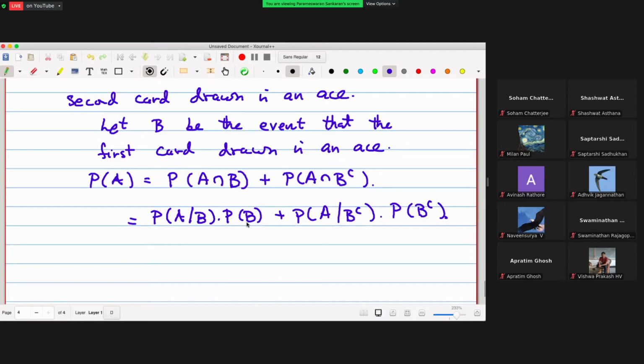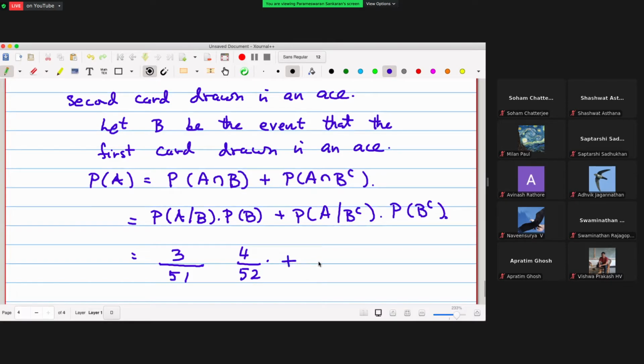So what is the probability that the first card drawn is an ace? There are 4 aces, so 4 by 52. Given that the first card drawn is an ace, there are only 3 aces left, so the favorable events consist of 3 elementary events, and there are only 51 cards now because one card had been drawn already, so 3 by 51.